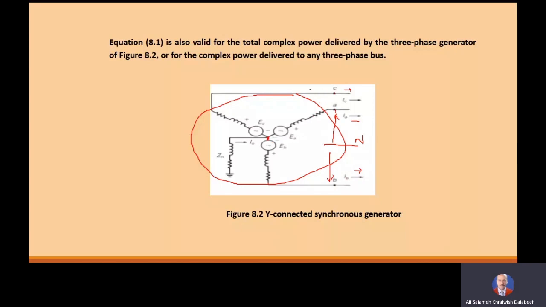And we have the voltage of phase C between point C and the neutral. So also in this generation system, we have three voltage quantities, VA, VB, VC, and we have three currents, IA, IB, and IC.